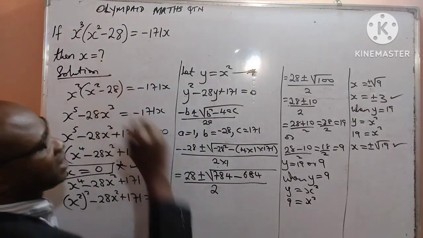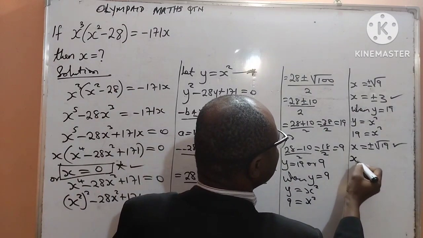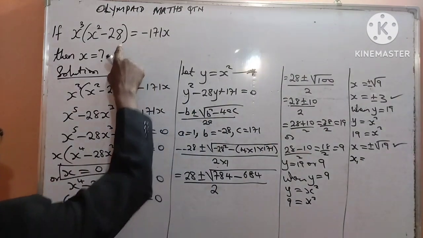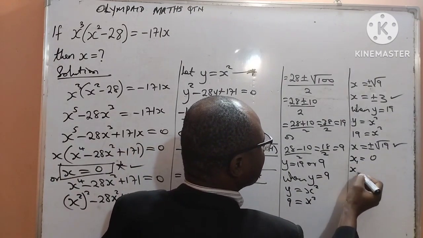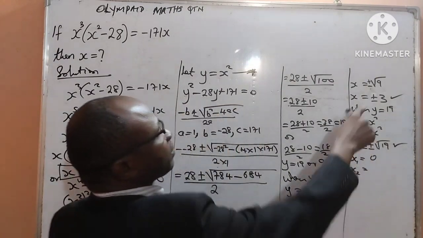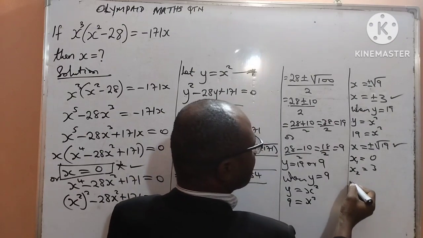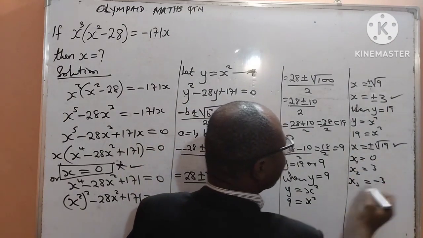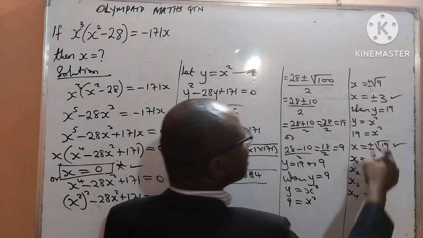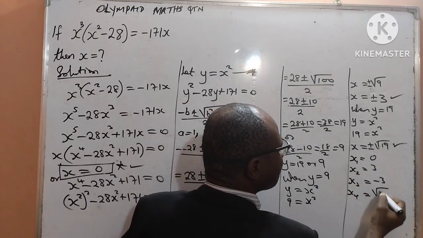Concluding to this question that we are given, the first value of x in this equation is equal to 0. The second value of x in this equation is 3. The third value of x is minus 3. The fourth value of x is root 19.